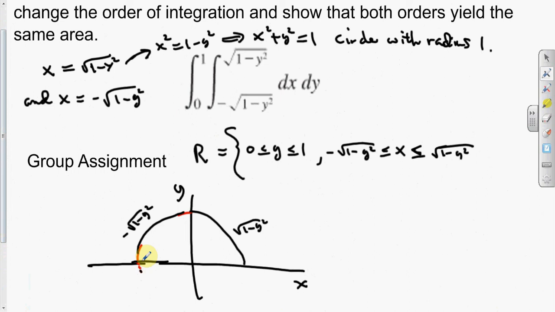This is y equal to 0. And then here is y equal to 1. If it was y goes from negative 1 to 1, it's the whole circle. But y goes from 0 to 1. So it's just the top part of the circle.